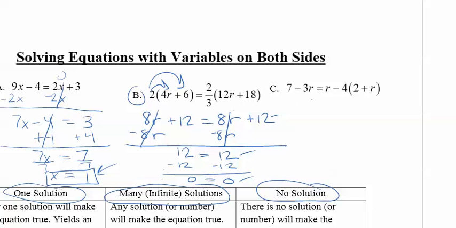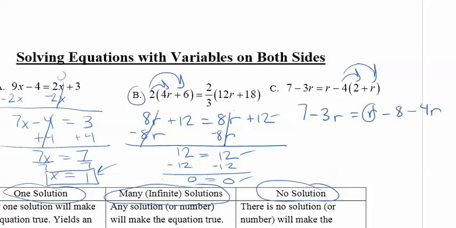Okay, so now let's look at this particular equation. So in this case, I need to distribute so that I can combine like terms. So I have to distribute the -4. So I have 7 minus 3r is equal to r minus 8, and then it looks like minus 4r.